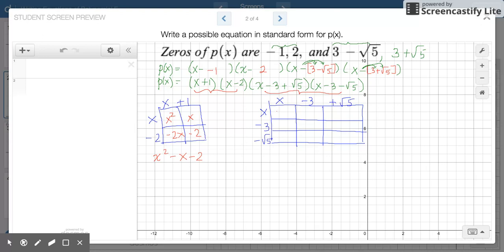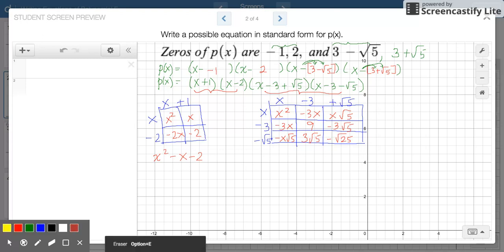Well, here we'll have x squared, negative 3x, x times square root of 5, negative 3 times x. Negative 3 times negative 3 is 9. Negative 3 times square root of 5. Here it's going to be negative x square root of 5. And here 3 square root of 5. And last, negative square root of 25.